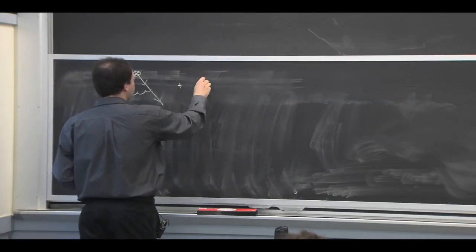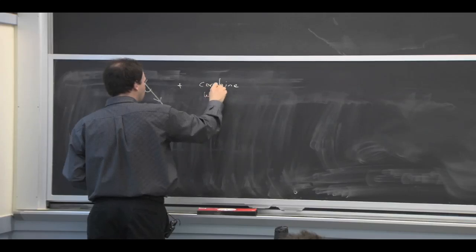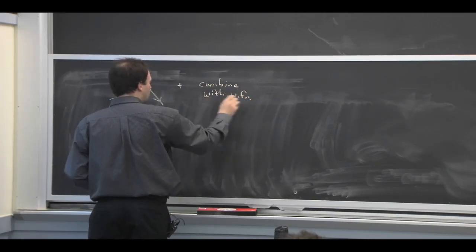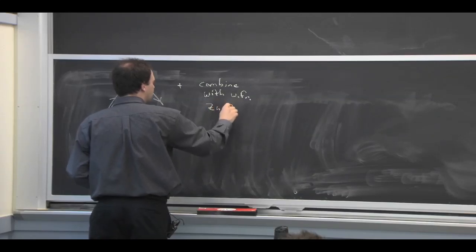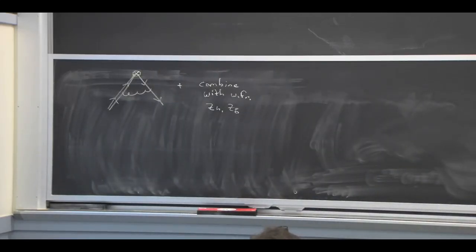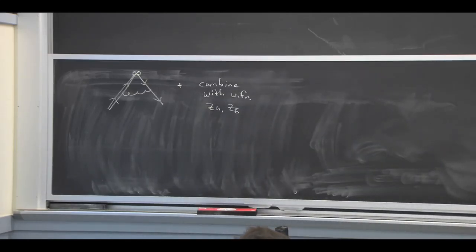And then you combine this calculation with the wave function renormalization, ZH and ZQ. ZQ is the same as Z psi. We should have called this ZQ for a light quark. Combine these things together, and then because that graph is telling you this counter term, you need ZO.